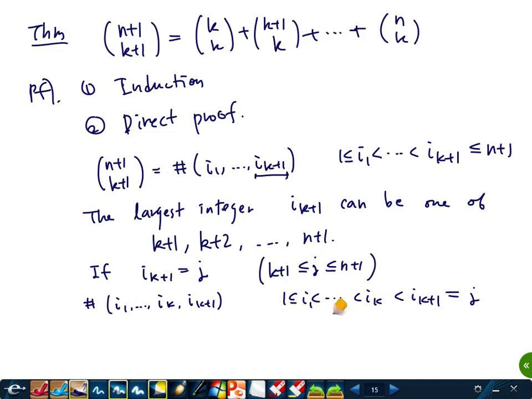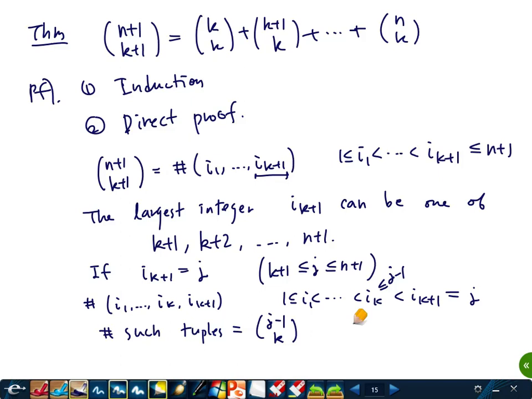So basically that means i_k is less than or equal to j minus 1, because it's strictly less than j. We have j minus 1 integers, and among them we need to select k integers. So the number of such tuples, in which the last element is fixed to be j, is j minus 1 choose k.